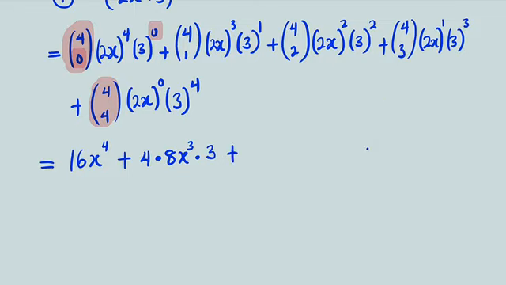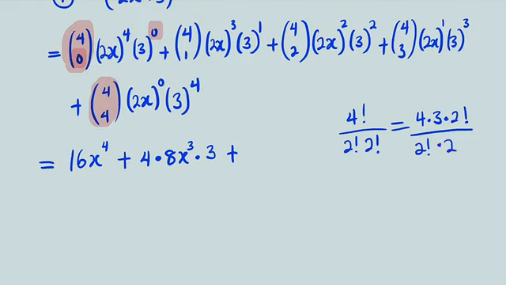Plus 4 combination 2. Let me simplify it here. It means 4 factorial divided by 4 minus 2, which is 2 factorial, then 2 factorial. This is equal to 4 times 3 times 2 factorial, because I have 2 factorial down here. And 2 factorial is 2.